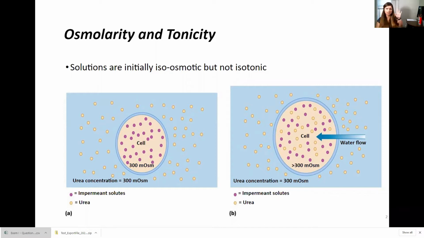So remember that osmolarity is a number that tells you everything that's dissolved in water. We can convert that number to a pressure because osmolarity really exerts a pull on water. So if you have higher osmolarity, that means you have more solutes dissolved in the water, which means that the water wants to move towards them in order to water that space down so that everything's evenly distributed.